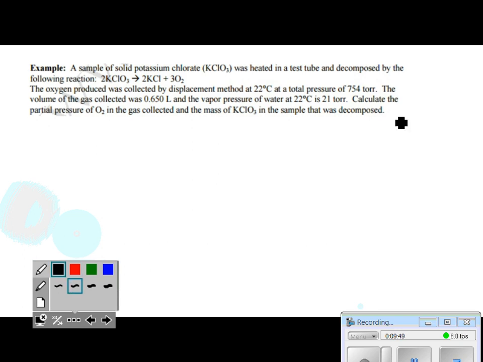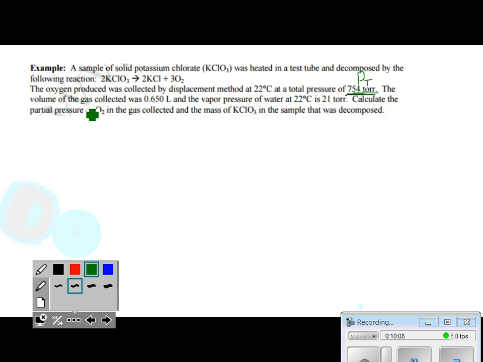So this value right here is P total, the total pressure, okay?